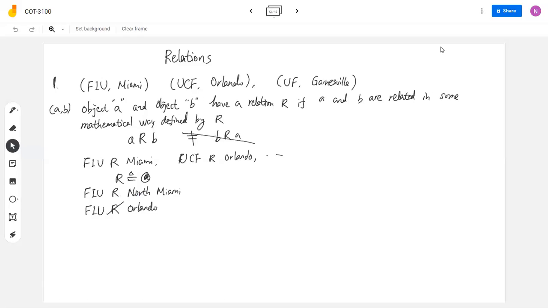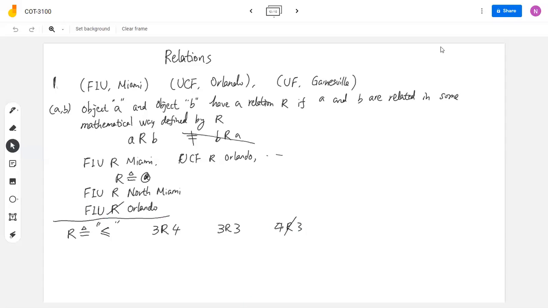Let me give you more examples. Let's define R to be the relationship of less than or equal to. Then we can say 3 R 4 means 3 is less than or equal to 4. We can say 3 R 3, and definitely we don't have 4 R 3.